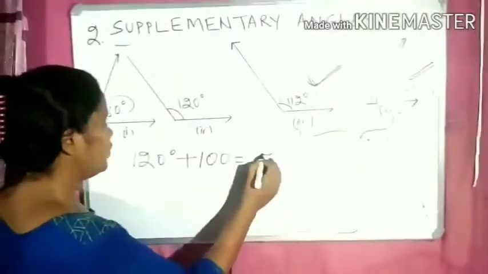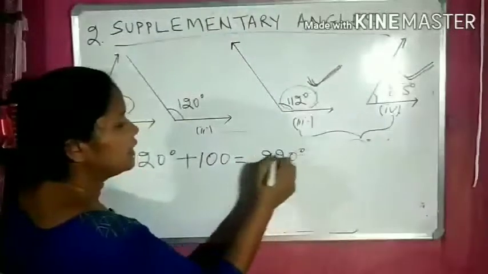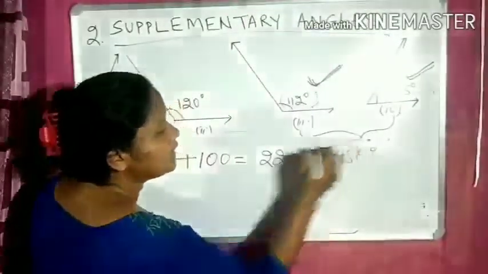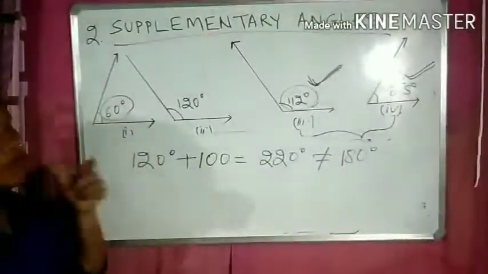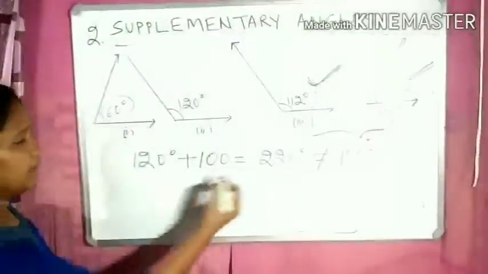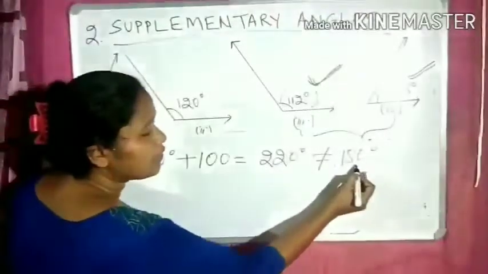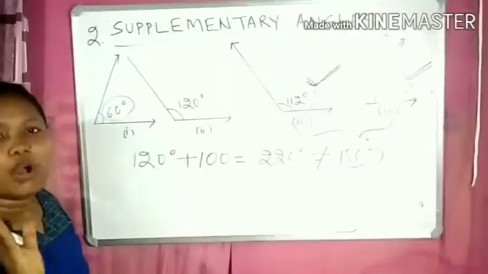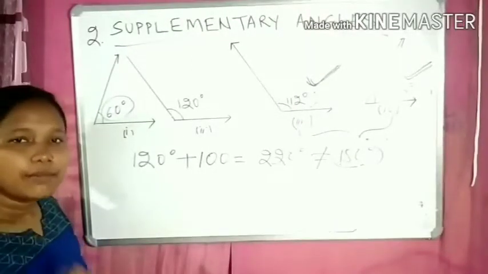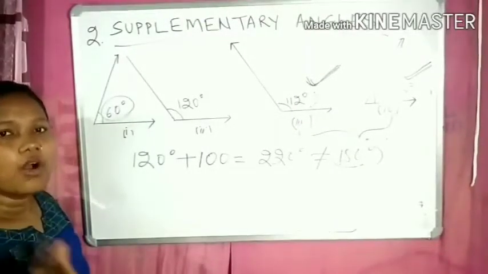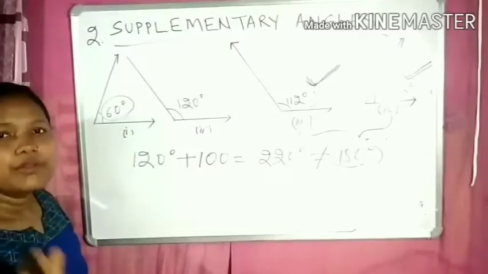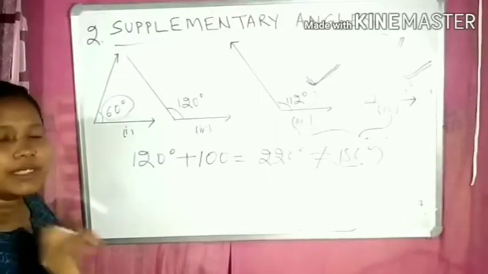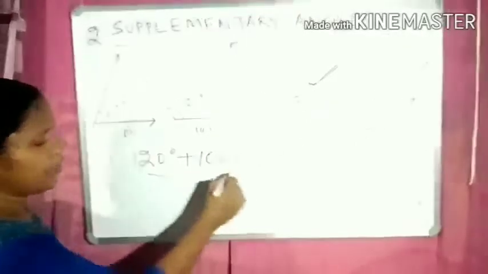It is how much? 220 degrees, which is not equal to 180 degrees. So the sum of two obtuse angles is not equal to 180 degrees. So no two obtuse angles can be supplementary to each other, or you can say that two obtuse angles cannot be supplementary to each other.